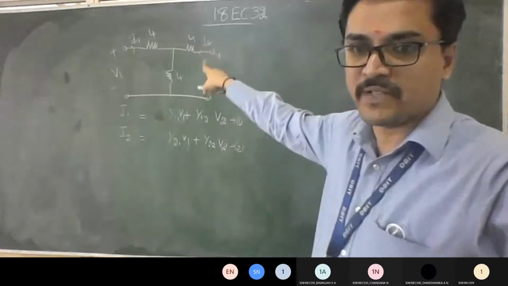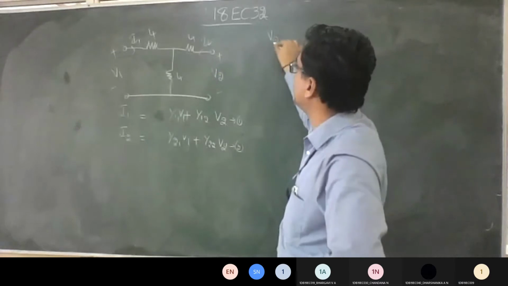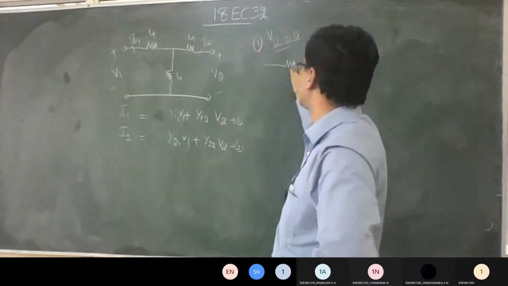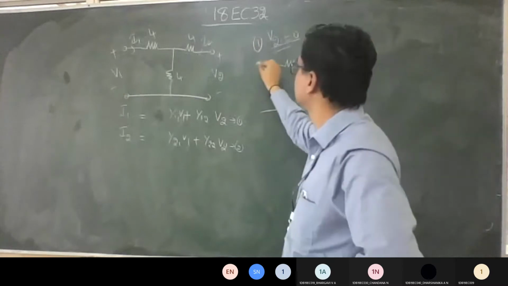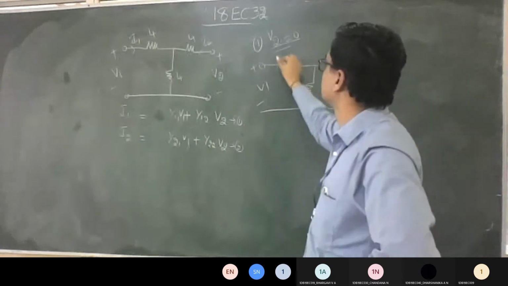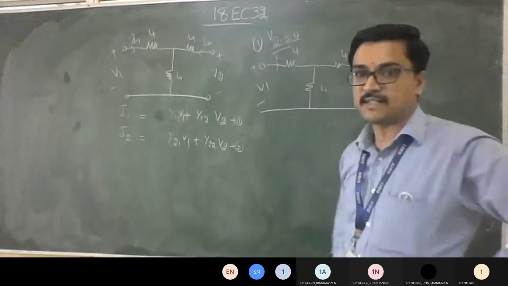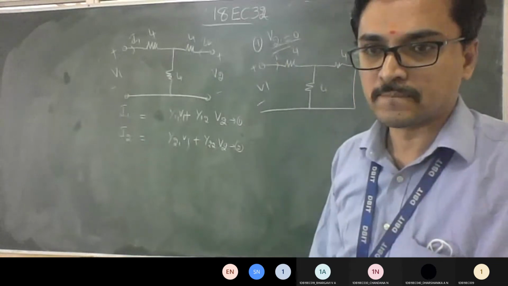Is it the short circuit concept if I say V2 is 0? For case 1, if I take V2 equal to 0, the circuit looks like this, yes or no? Is it like this? Yes, sir, short circuit.